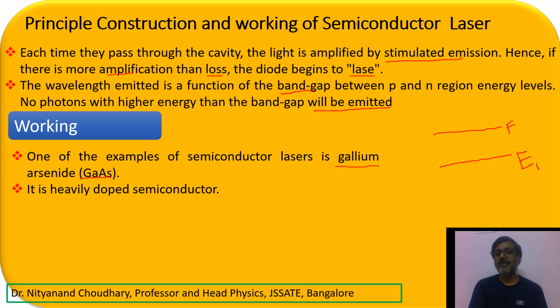So it will have the energy gap, and E2 minus E1 is called the energy gap, which we represent by Eg. Then here we will have the Fermi energy. Fermi level energy in case of an intrinsic semiconductor lies exactly between E1 and E2. This is your Fermi energy EF.